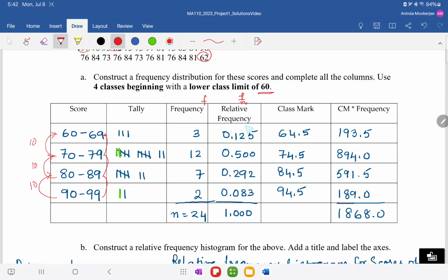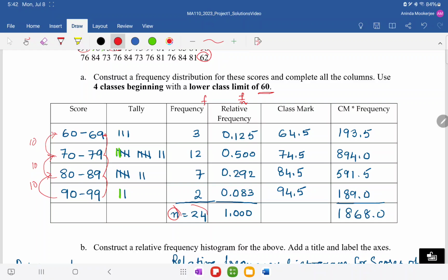F is the frequency value, and N is the sum of all the frequency values. Here we have N. So 3 divided by 24 is 0.125. 12 divided by 24 is 0.5. 7 divided by 24 is 0.292. So this is how you go about finding the relative frequency.